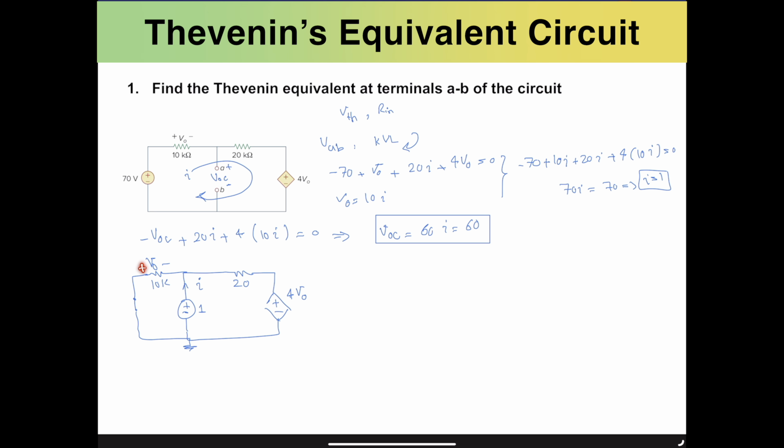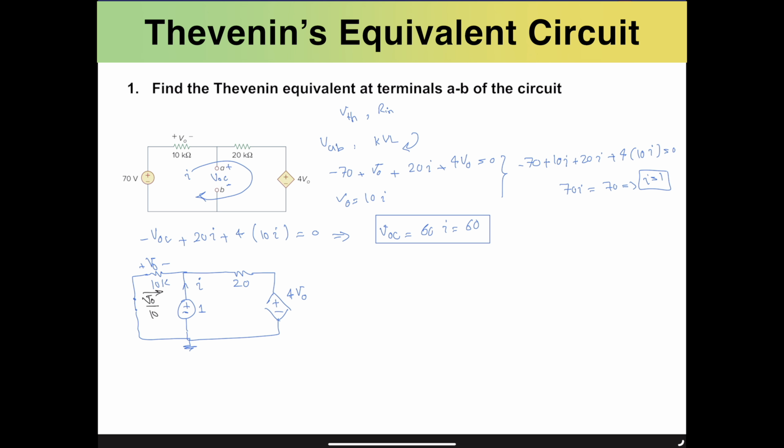That is flowing to the right side because of the positive polarity of the voltage source. So essentially, I would write that down as VO divided by 10K.